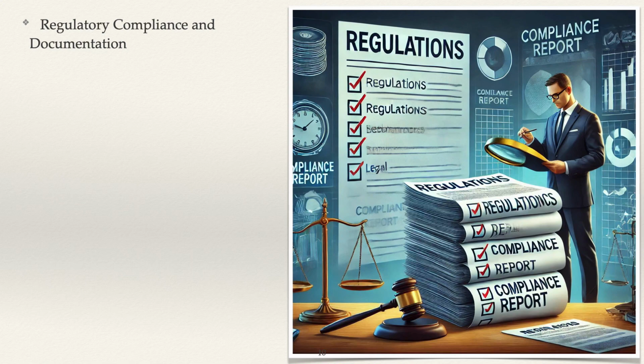C. Cultural heritage and archaeological permits. In areas with cultural or historical significance, permits are required to protect archaeological sites and cultural resources. This may involve conducting cultural heritage surveys and coordinating with cultural resource management authorities.